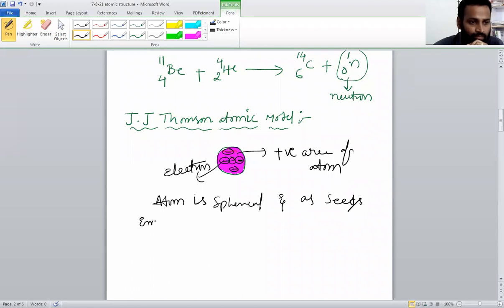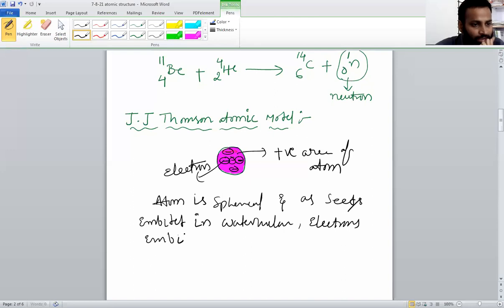embedded in watermelon fruit, electrons are embedded in the positive space of the atom, he said.